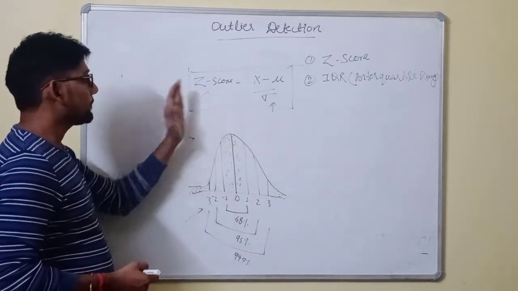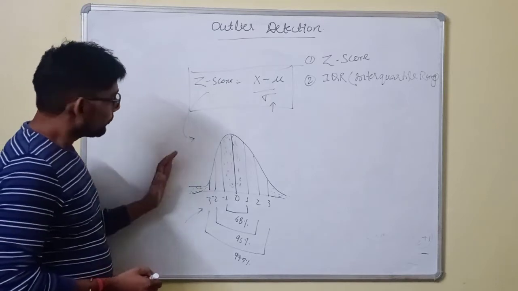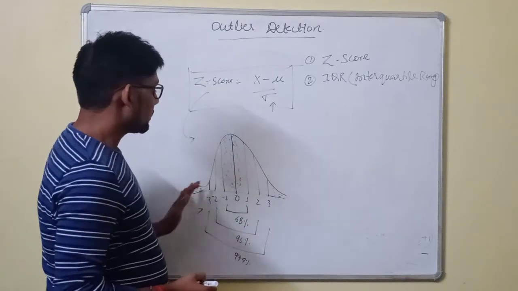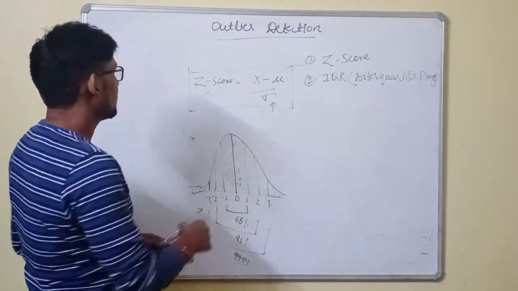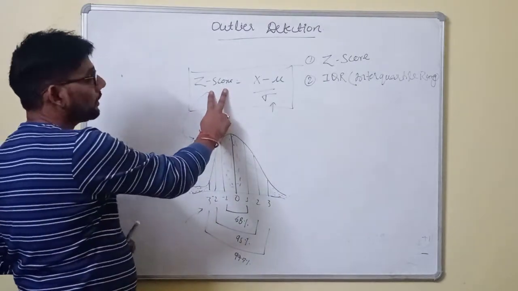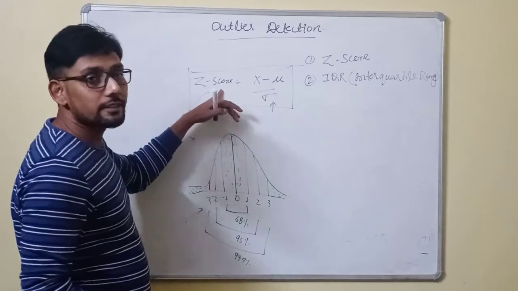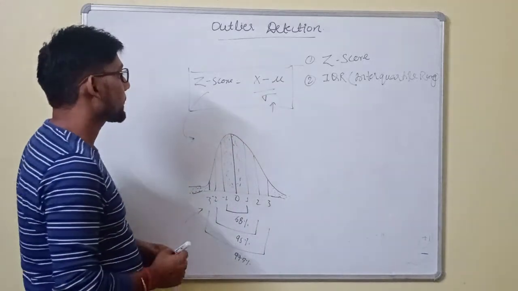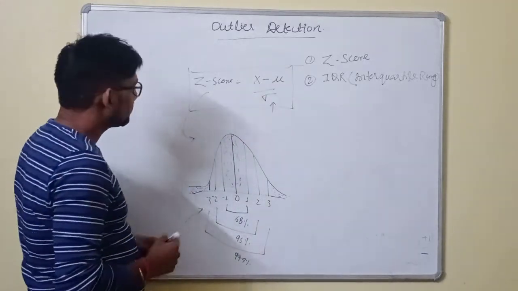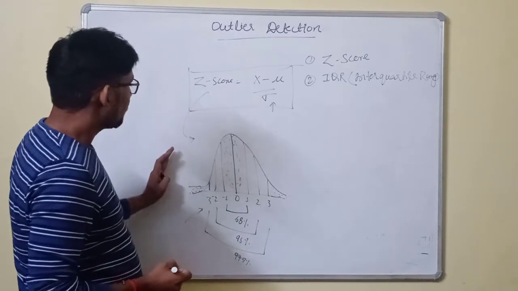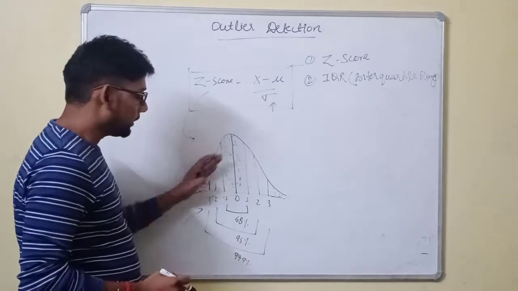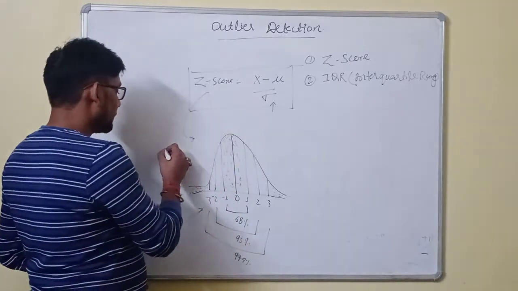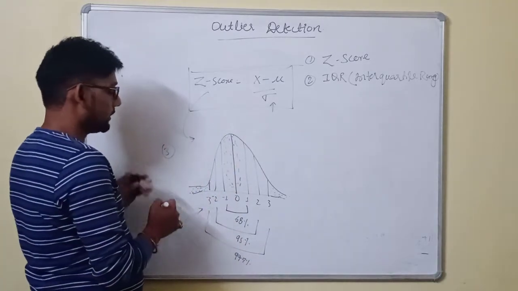Again, I will repeat. We convert our data into the normal distribution. For doing this, we calculate the z score of every point, right? Then our data looks normally distributed, and we define the threshold, basically 3.